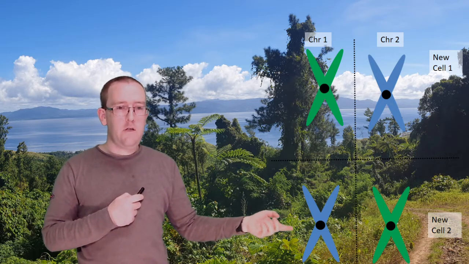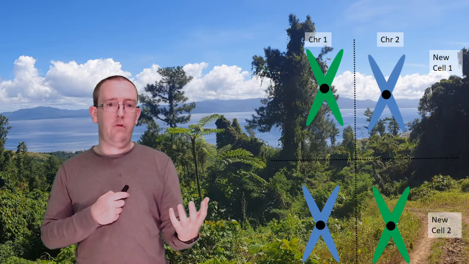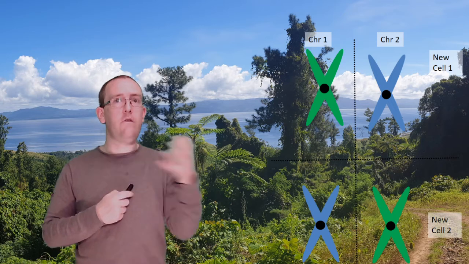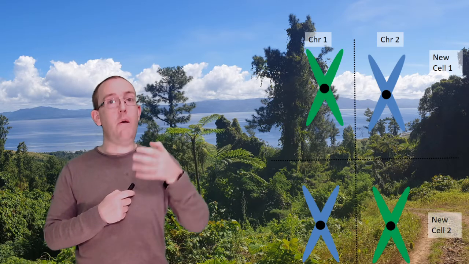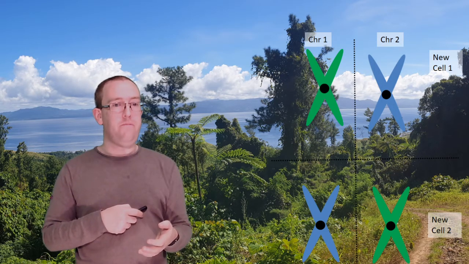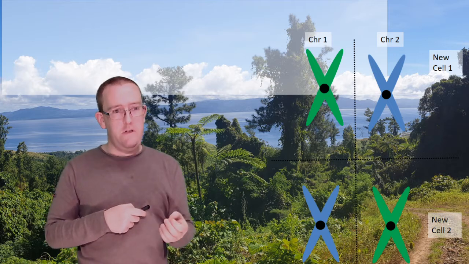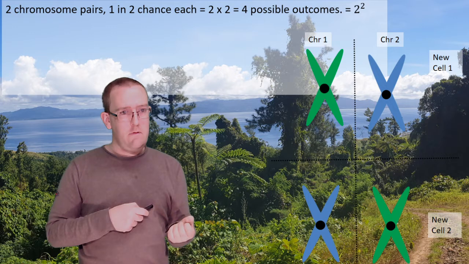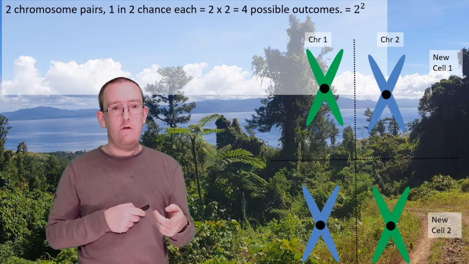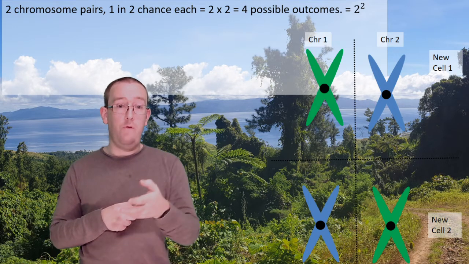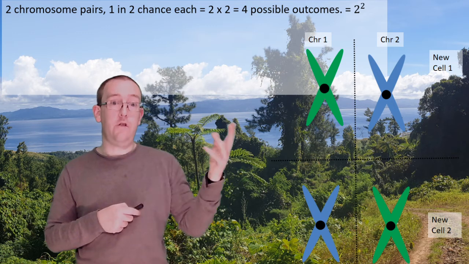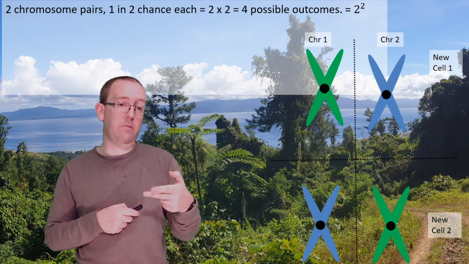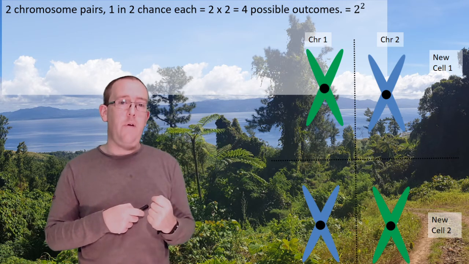So basically we've got a 1 in 2 chance for each independent chromosome pair. Remember, independent assortment. So for 2 chromosome pairs, it's a 1 in 2 chance each. That's 2 times 2, or 4 possible outcomes, or 2 to the 2: 2 possible outcomes, and the number of chromosome pairs, which is 2.